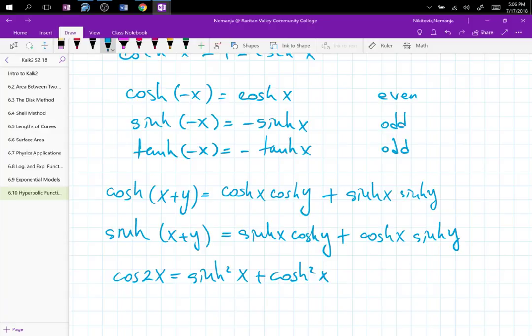If you know your trig, this formula is the same. If you remove the h on each one of these, you will actually get your trig equation. But over here, it has a wrong sign for trig. That's a minus there. Now, between the cosine it's supposed to say cosine hyperbolic 2x.